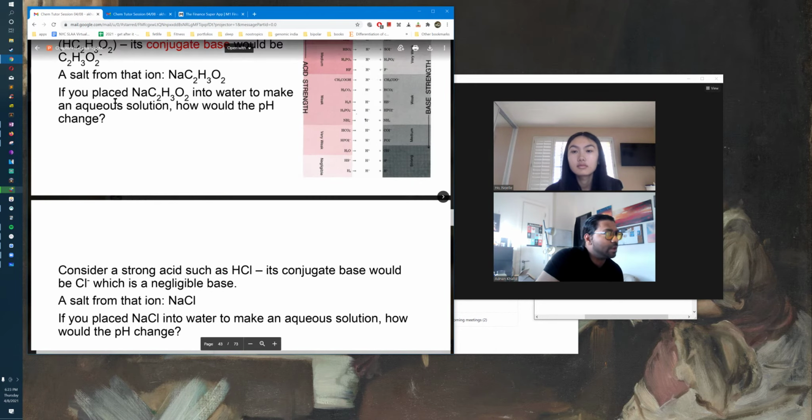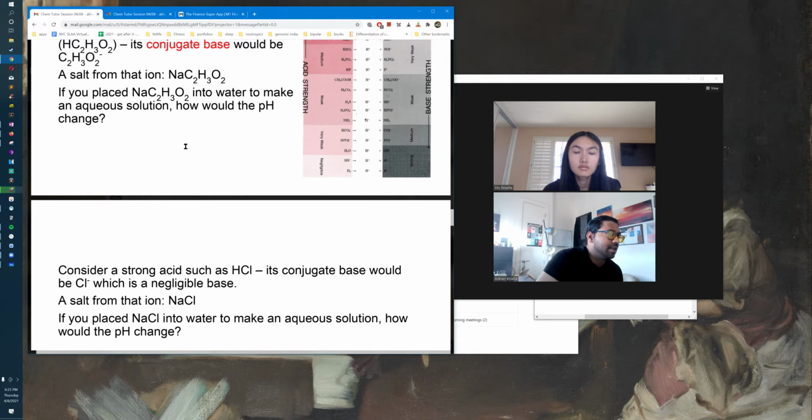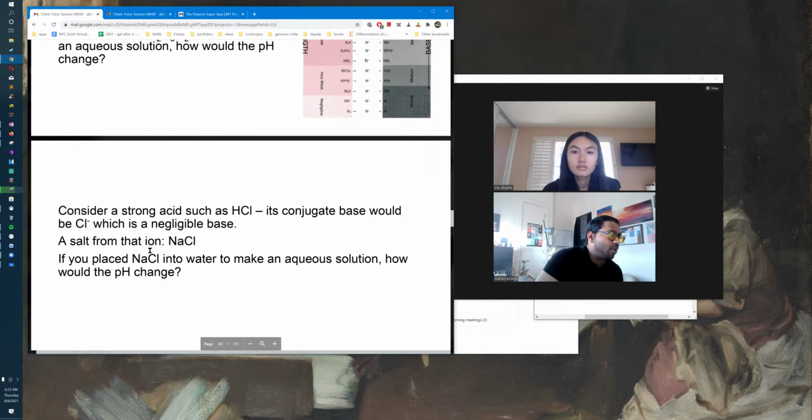And then for these questions where they ask you if you place a salt and how the pH would change, for adding NaCl, it's not going to really change anything because the chloride ion is a really, really weak conjugate base.